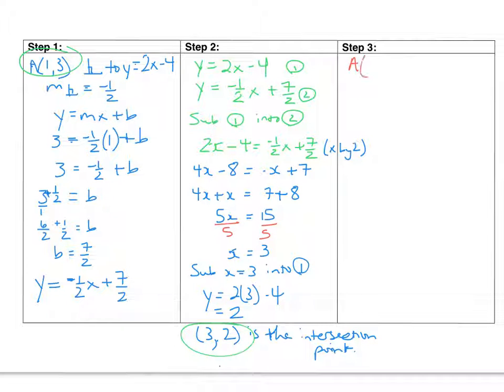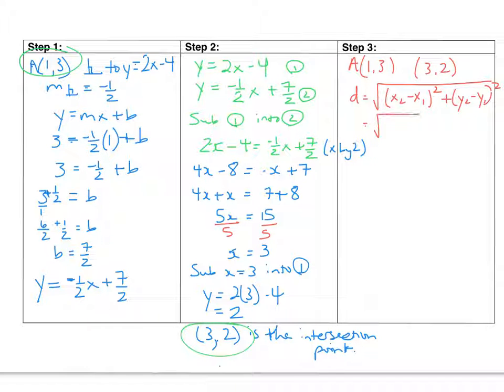Okay, so distance formula. We've got point A, which is at (1, 3), and our other point, which is (3, 2). Distance is equal to the square root of (x2 - x1) squared, that's our run squared, plus (y2 - y1) squared, our rise squared. It's based on our Pythagorean theorem.